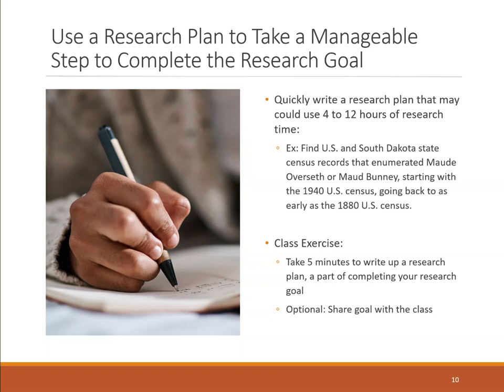Our first set might be, hey, I'm going to find U.S. and South Dakota state censuses that enumerate Maud Overseth, starting in 1940, because she passed away in 1954. From 1940, and since I wrote the slide, the 1950 census is in there, but go back as early as maybe the 1880 U.S. census.